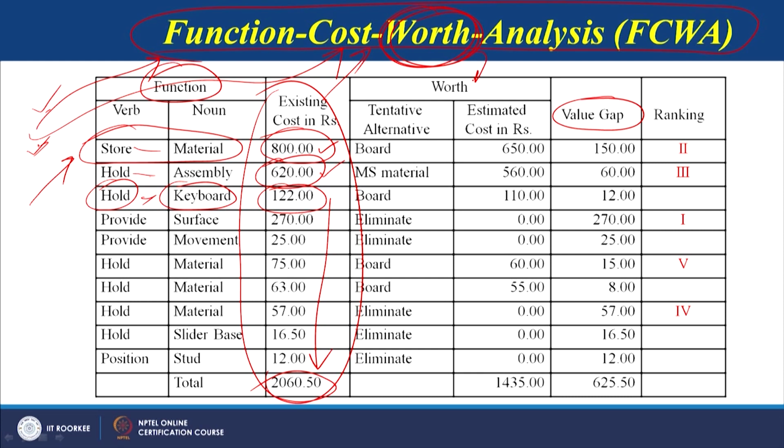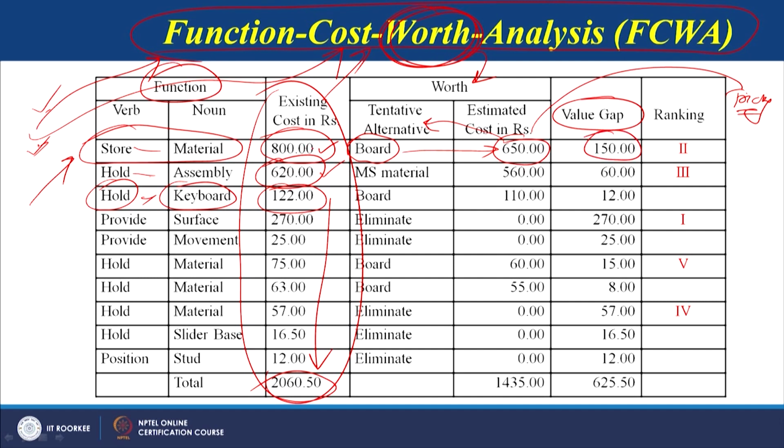Now, the worth can be, a tentative alternative can be board, and the estimated cost for that can be 650. This is a little tricky thing where we have to establish that this function of storing the material, instead of spending 800 rupees, can be done in 650 rupees using a tentative alternative. This value gap, that is 150, is very important.